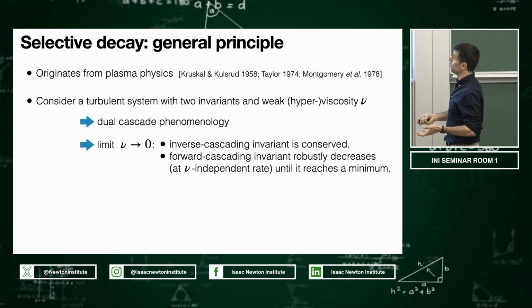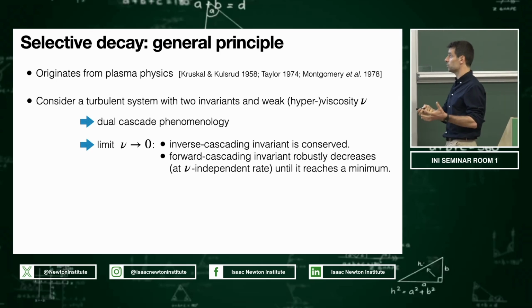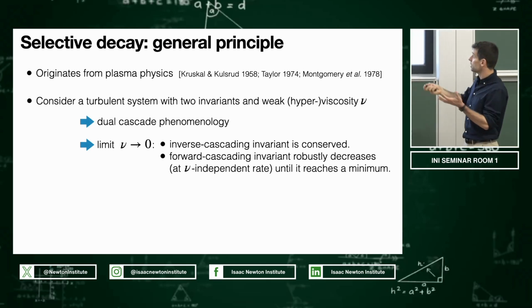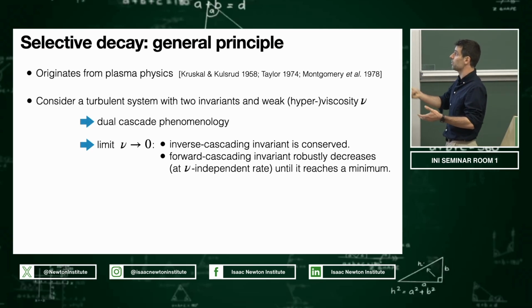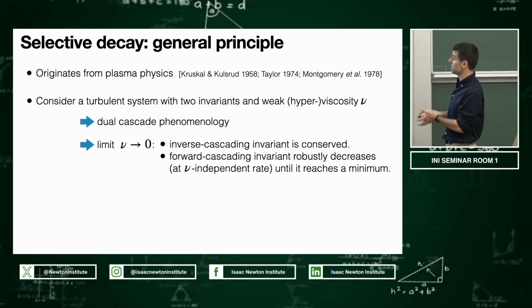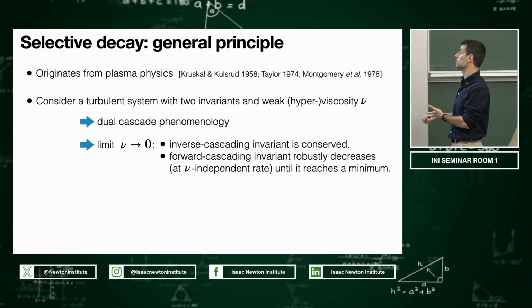And typically you'll end up with a dual cascade phenomenology, right, where one invariant is going to go to small scale, but the other invariant is going to go to large scale. And when you send nu to 0, well, the inverse cascading invariant will be conserved because it's at large scale and it doesn't feel the viscosity, whereas the forward cascading invariant will robustly decrease in the sense that it will be dissipated at a nu independent rate in the limit nu going to 0.